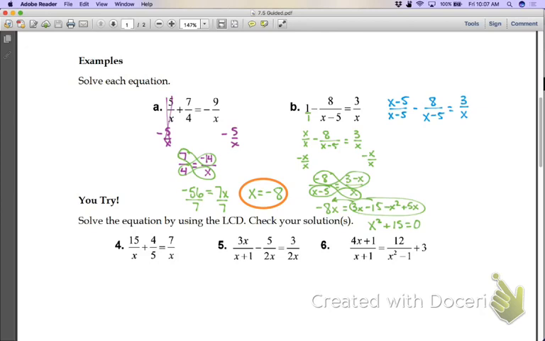If I have x squared plus 15 equal to 0, how would you solve it? Move the 15 over and have x squared equal to negative 15. What's the problem with this? Yeah, can't have a negative.